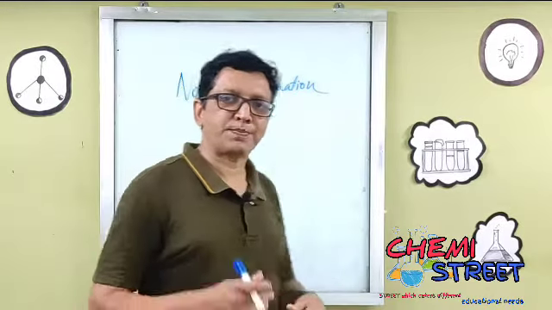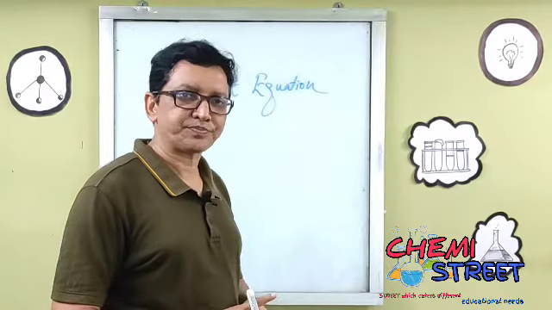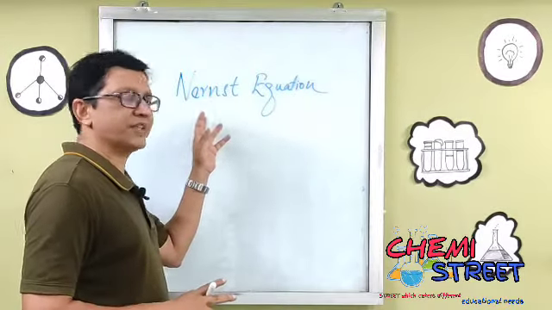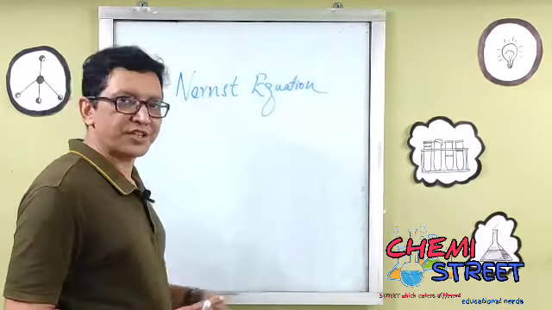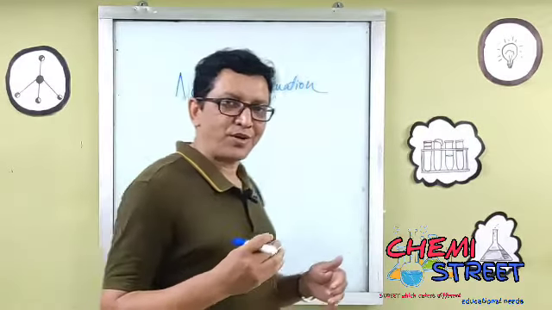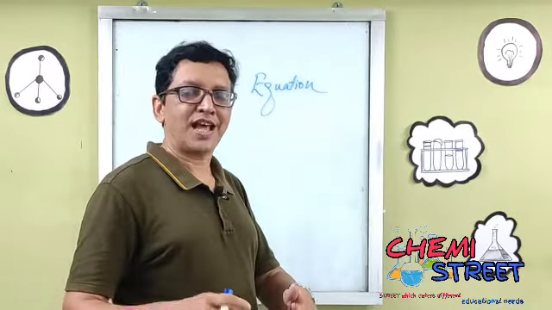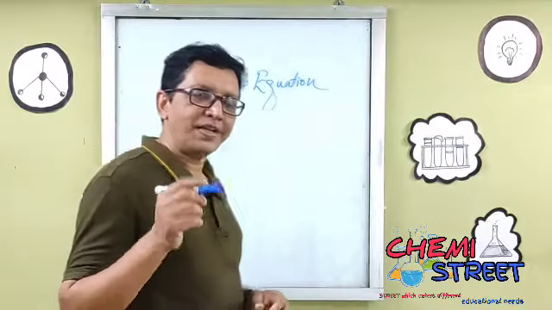The Nernst equation was proposed by a German scientist, Walter Nernst, in 1889. By using that, we can find a particular electrode potential as well as the EMF of the cell under normal conditions.